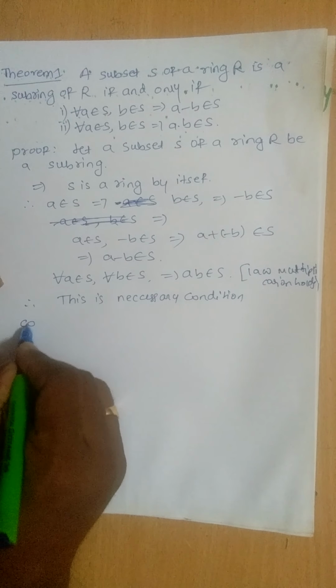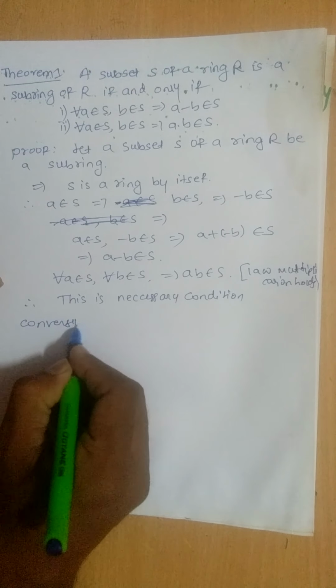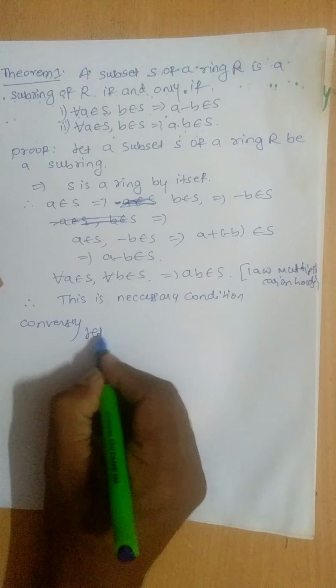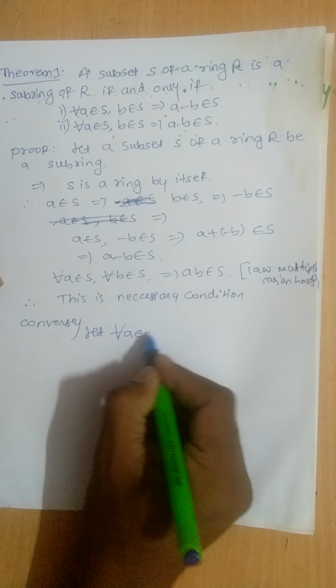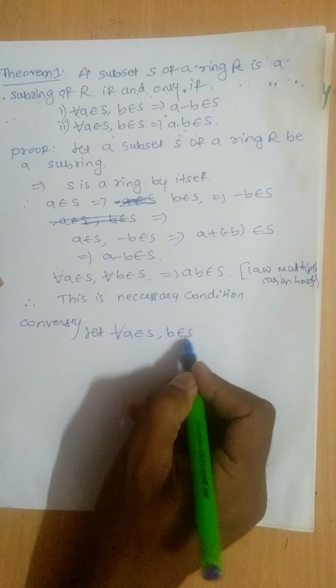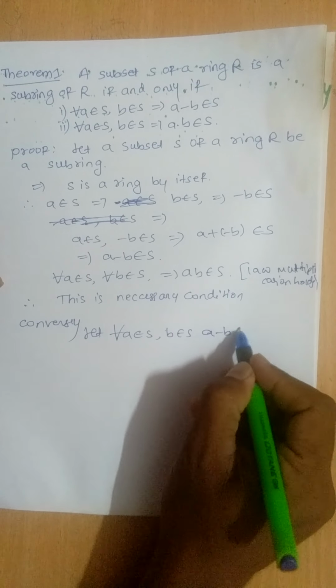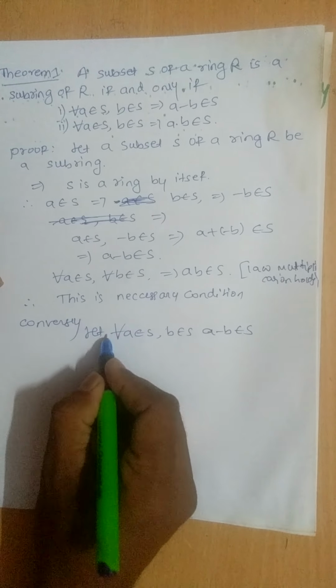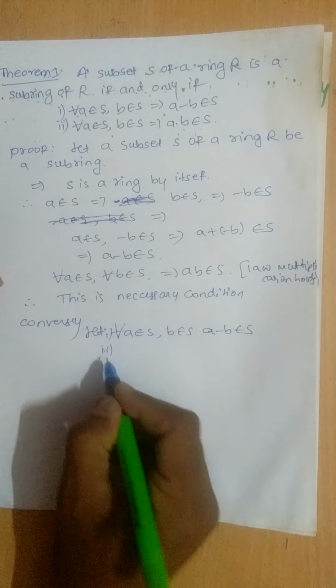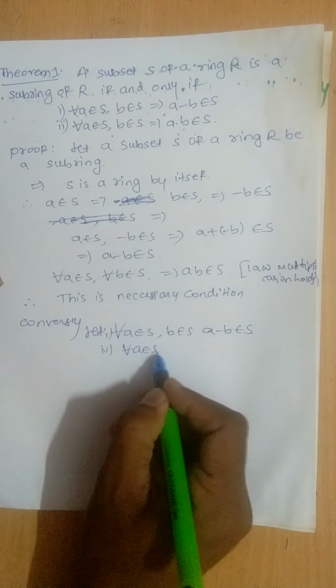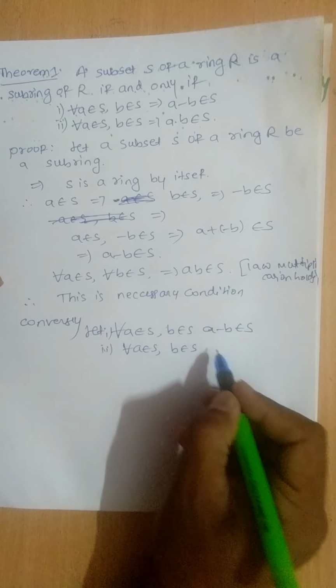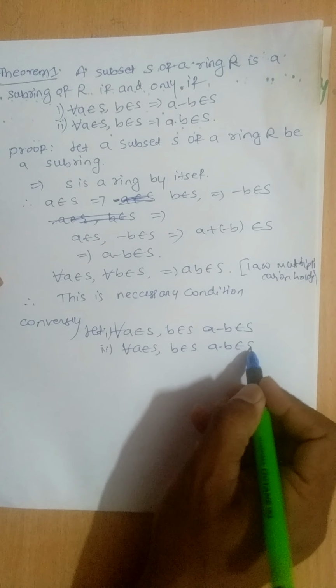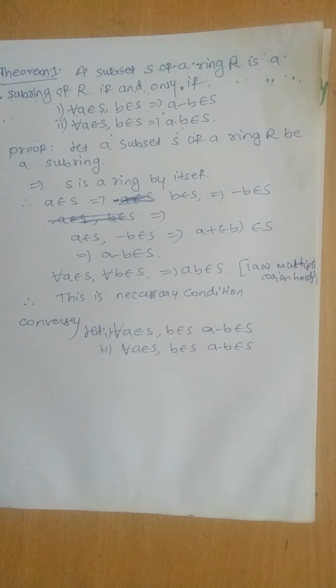Next, conversely, let for all a belongs to S, b belongs to S, a minus b belongs to S. Similarly, for all a belongs to S, b belongs to S, a times b belongs to S. Now we prove S is a subring.